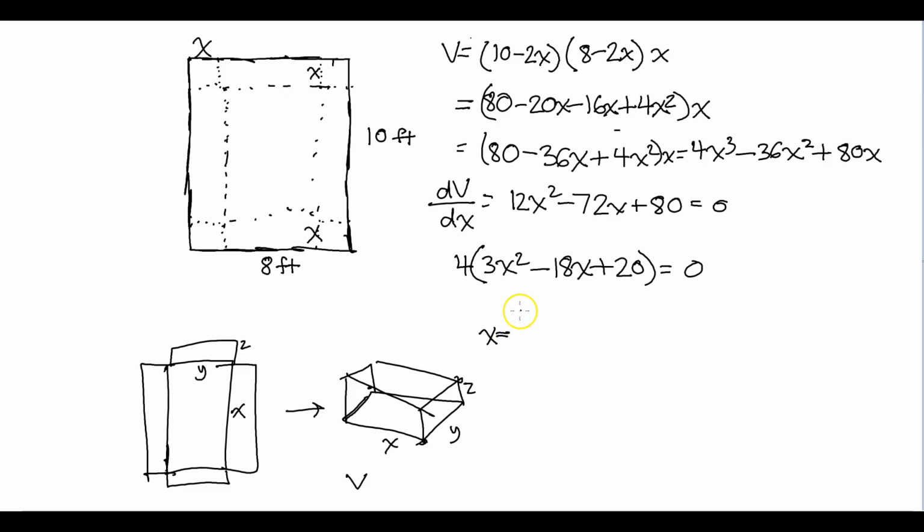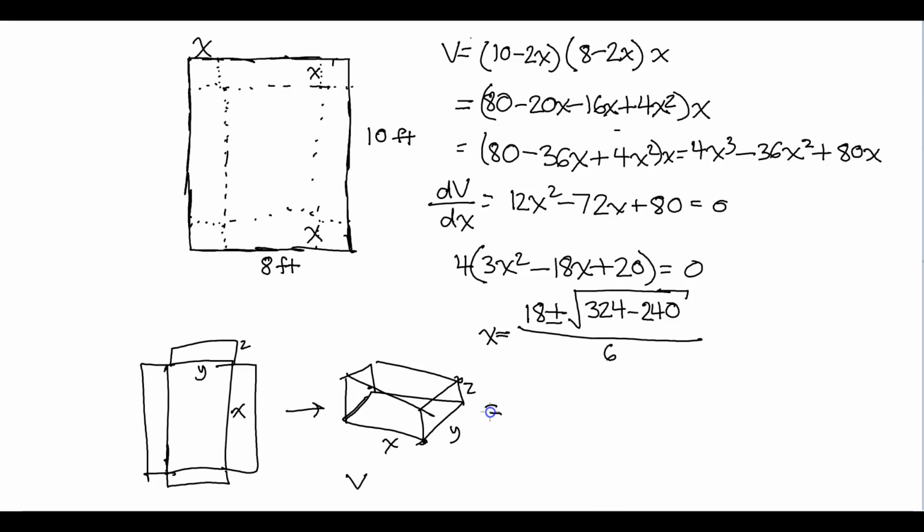So negative b plus or minus the square root of b squared, so that's 324, minus 4ac, so we have 4 times 3 times 20, which is 240. All that over 2a. 2 times 3 is 6.